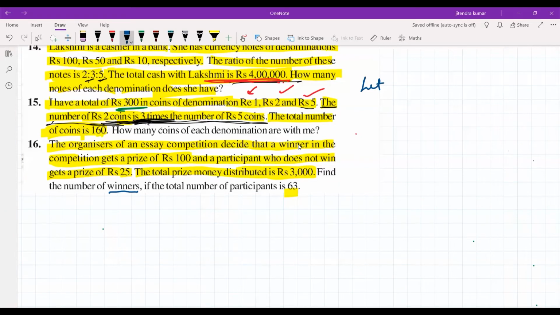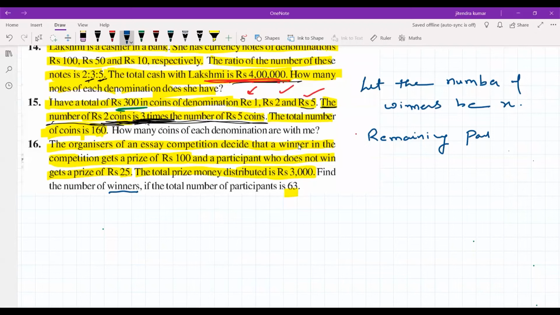It is not necessary that there will be only one. So let the number of winners be X. So there are total X winners here, and the remaining participants will be 63 minus X. This is the winners and this is the remaining participants.